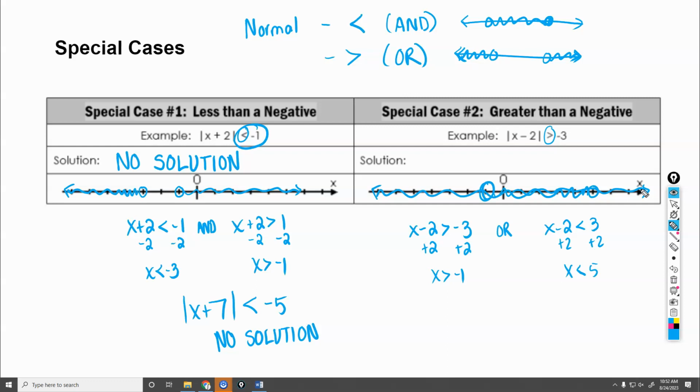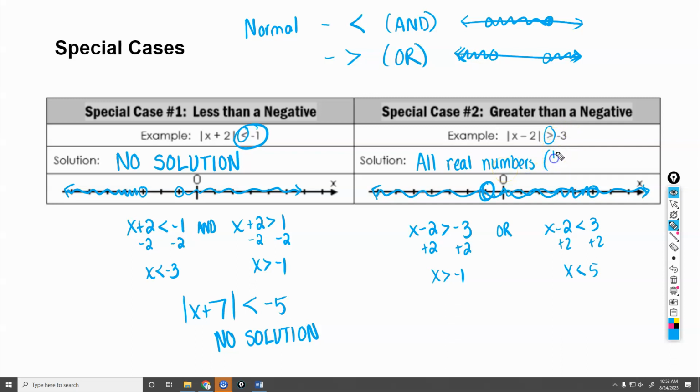You don't have to have overlap on this one, right? Either one of these could be true. So we have highlighted the whole entire number line, right? The whole thing is shaded one way or the other. So this would be all real numbers.